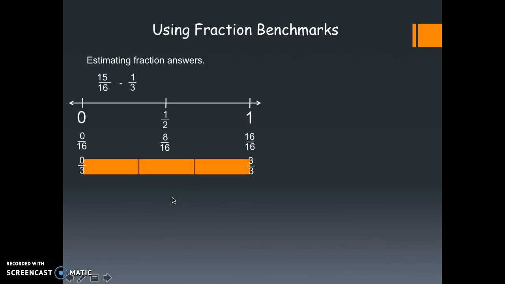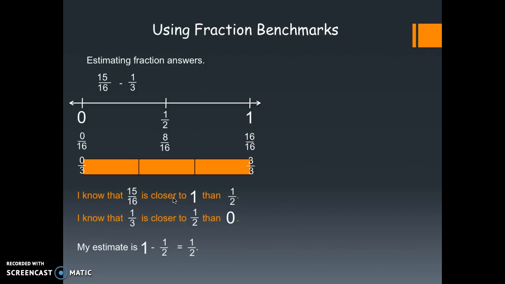But another thing I could do is actually look at a fraction bar, and I can see that 1/3 lands right here, and that's closer to a half. So 15/16 is closer to 1. 1/3 is closer to a half. So this is a subtraction problem now. So 1 minus a half equals a half.